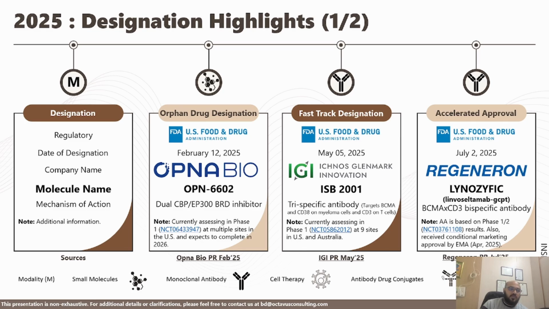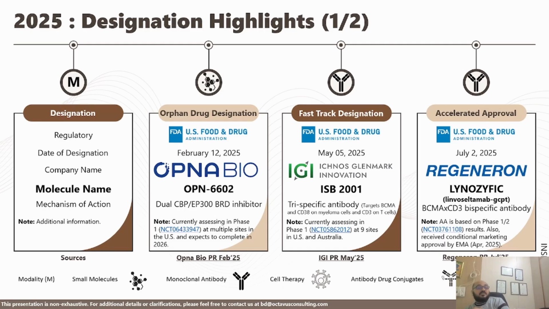There were a lot of specific designations which were given to small companies, such as OnCusp Bio, which received one for OPN-6602. It's a dual CBP/EP300 bromodomain inhibitor, basically, currently in phase one, and the phase one study is expected to complete in 2026.